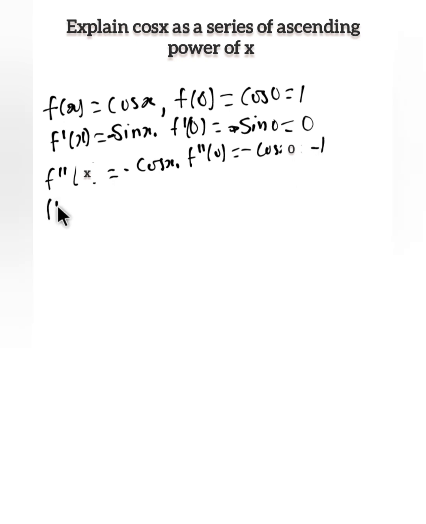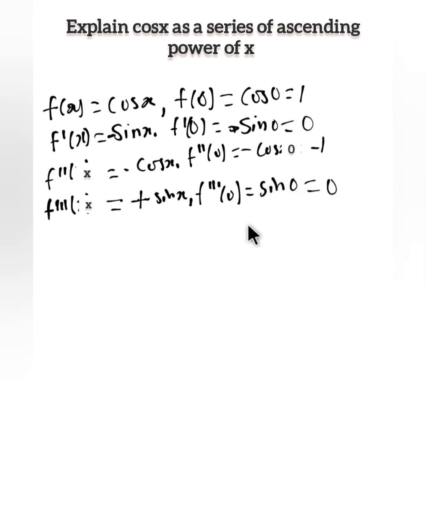Now f triple prime, that's the third derivative of x. This will give us, take a minus sign down, differentiate cos x is minus sine x, minus times minus is plus. So this gives us f triple prime of 0 equal to sine 0, which is equal to 0. So the fourth derivative of x is equal to, differentiate sine x is cos x.